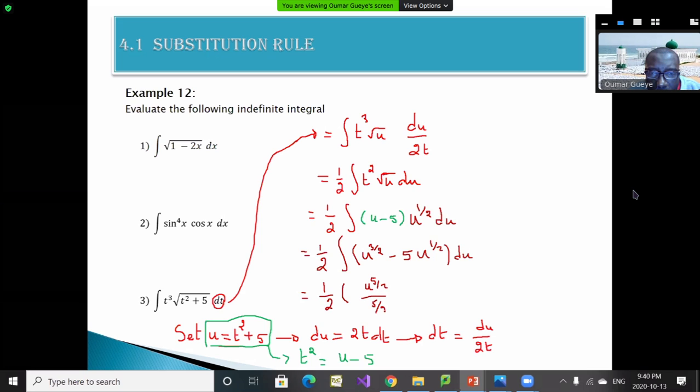The new exponent is equal to the previous one plus 1. So 3 by 2 is the previous one, you add 1, it's going to be 5 over 2, and you divide by the same thing. So minus 5, and again, it's going to be u. The new exponent is going to be 1 by 2 plus 1, which is 3 by 2, over 3 by 2. And now, plus the constant c.